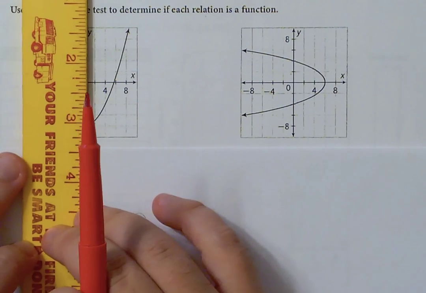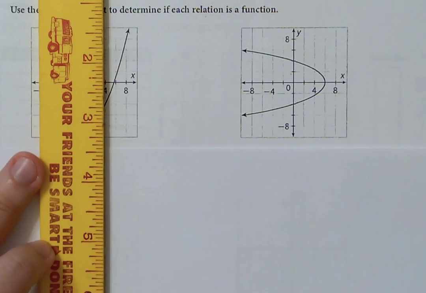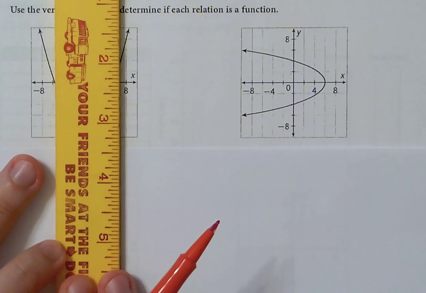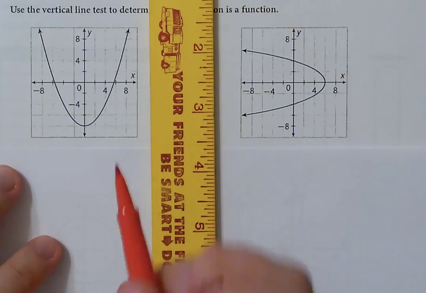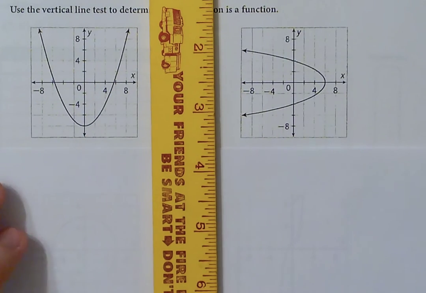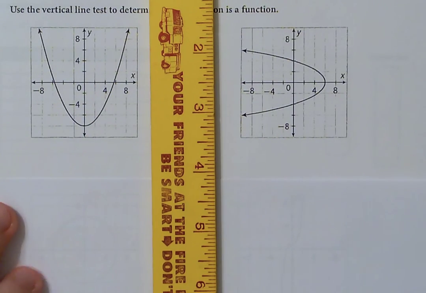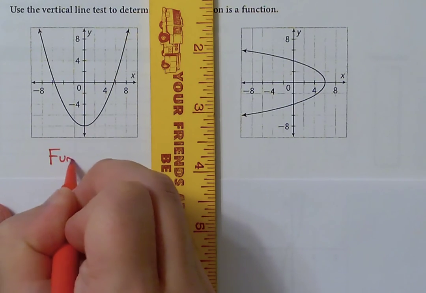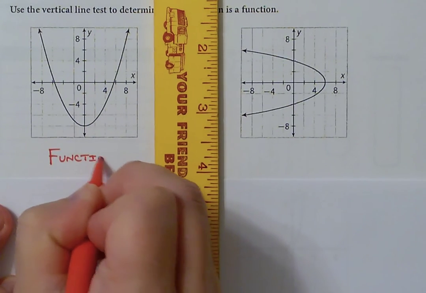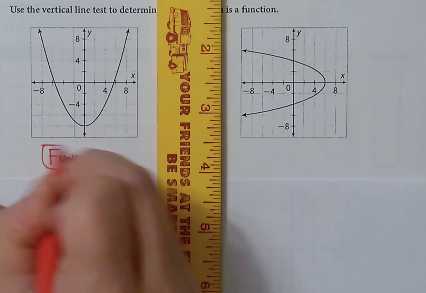I'm not getting it to touch at any other point. If I keep moving across, it never touches that vertical line more than once. That means this is a function. So, the first one is a function.